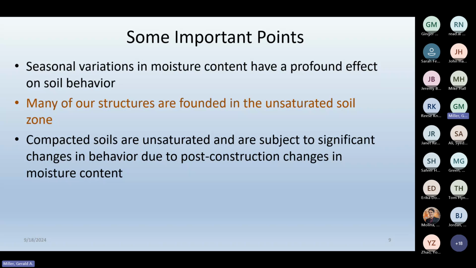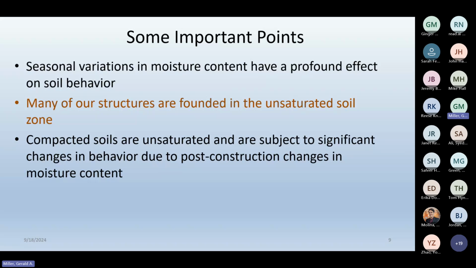Compacted soils are unsaturated and subject to significant changes in behavior due to post-construction changes in moisture content. Years ago, with the help of Dr. Nevels, my research group went around and looked at highway embankments that had significant increases in moisture content.